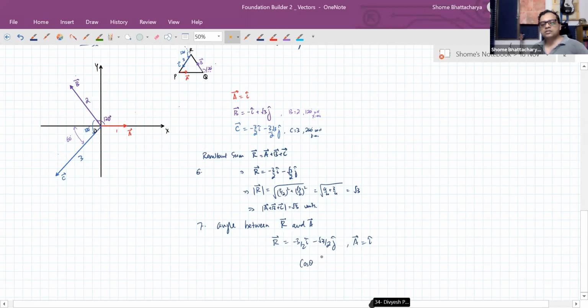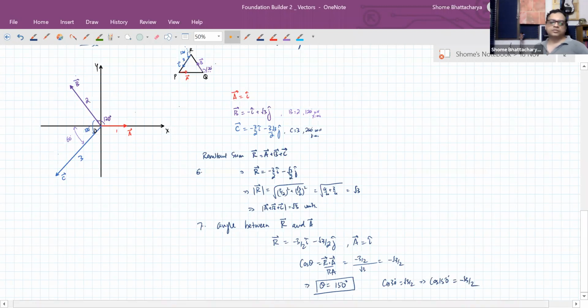So cos theta, so when you work that out, you can see that theta will work out to be 150 degrees, because cos 30 is root 3 by 2. So cos 150 is minus root 3 by 2.